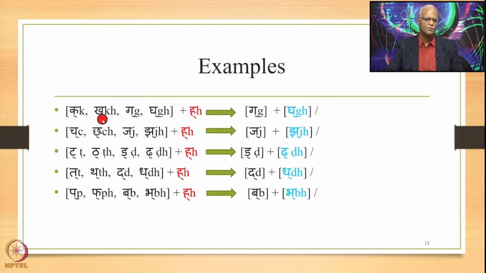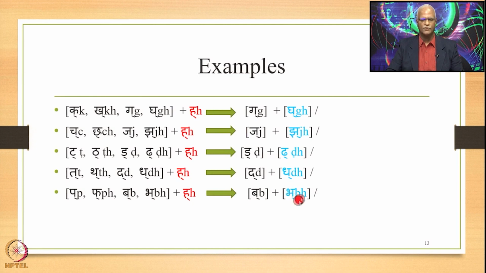There has to be one amongst these 4 which matches this ha, and that's what we said earlier. The only consonant among these 4 that matches this ha in terms of the bahya prayatnas is the fourth, gha, jha, dha, dha and bha. Only this matches, and that is the reason why ha is substituted by the 4th letter of the class consonants, gha, jha, dha, dha and bha respectively in these respective environments.